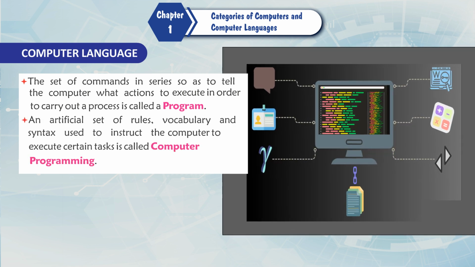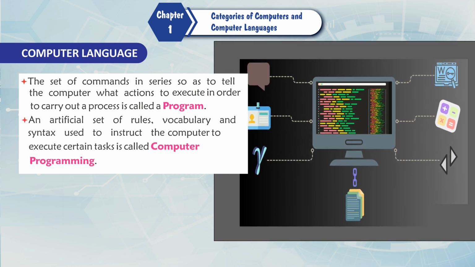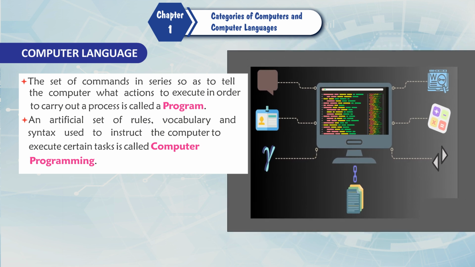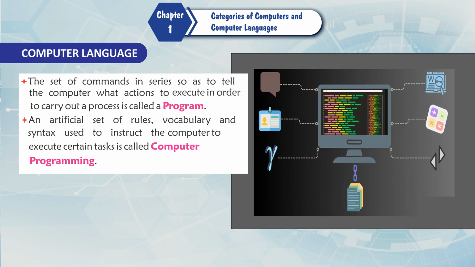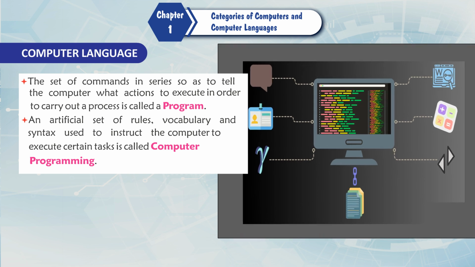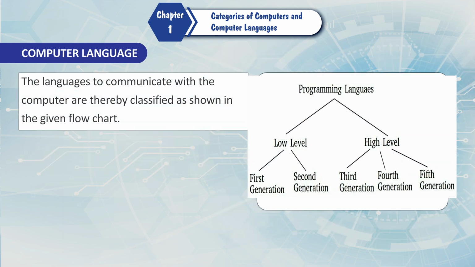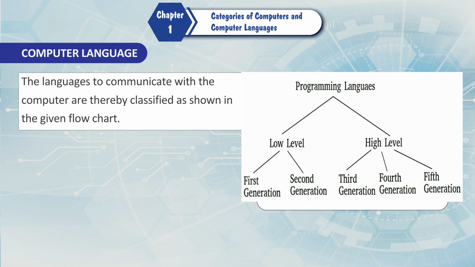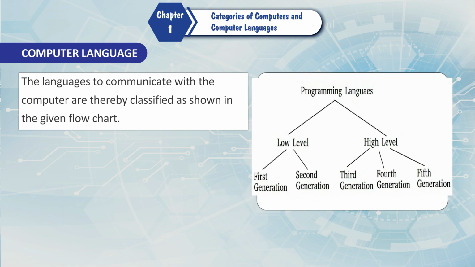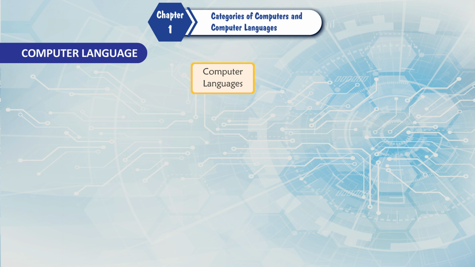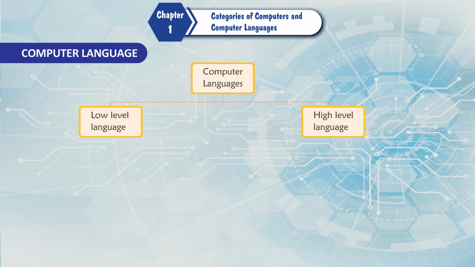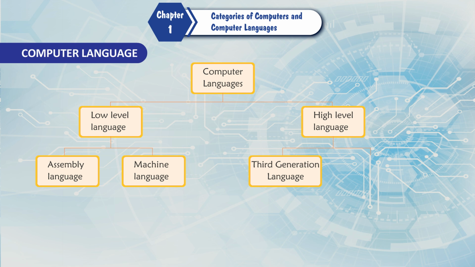An artificial set of rules, vocabulary and syntax used to instruct the computer to execute certain tasks is called computer programming. The languages to communicate with the computer are thereby classified as shown in the given flowchart. Computer languages: low-level languages, high-level language, assembly language, machine language, third-generation language, fourth-generation language.